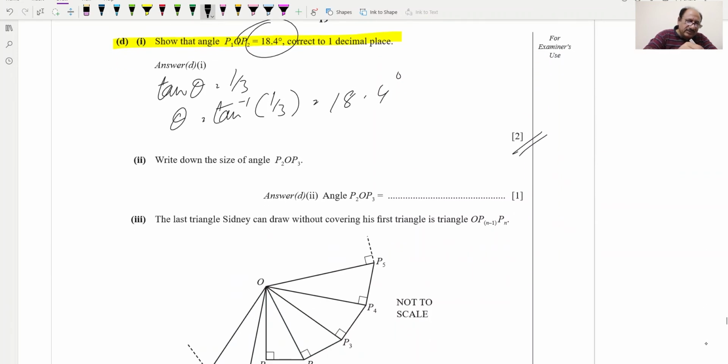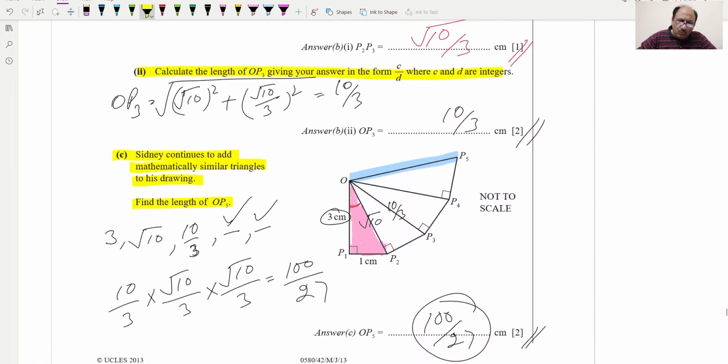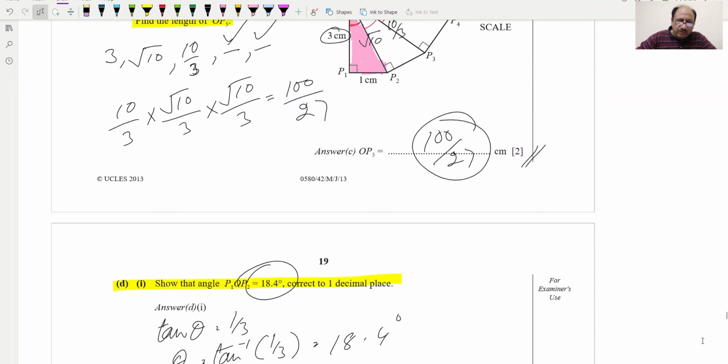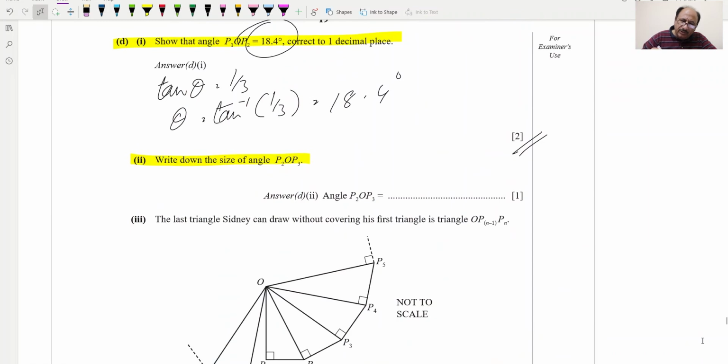Now write down the size of the angle P2OP3. The triangles are similar, so all these angles will be the same, so it will also be 18.4 degrees.